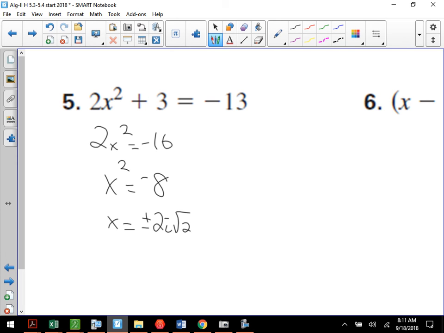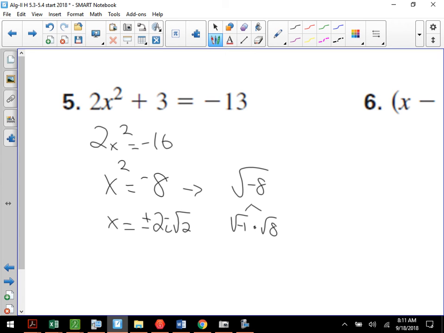Remember, all you are doing here is you have the square root of negative 8, which can be rewritten as the square root of negative 1 times the square root of 8. We now know that the square root of negative 1 is I. And we just work it through from there. The rest of the problem doesn't change. None at all.